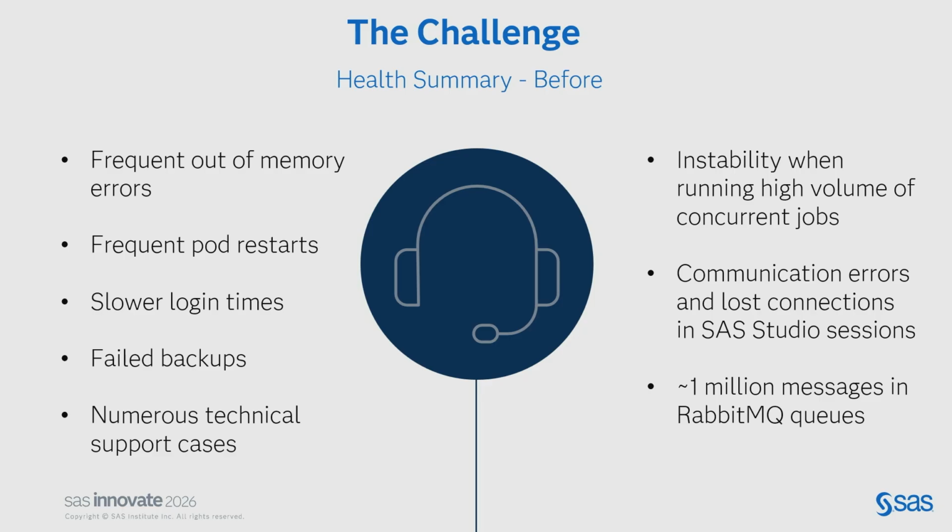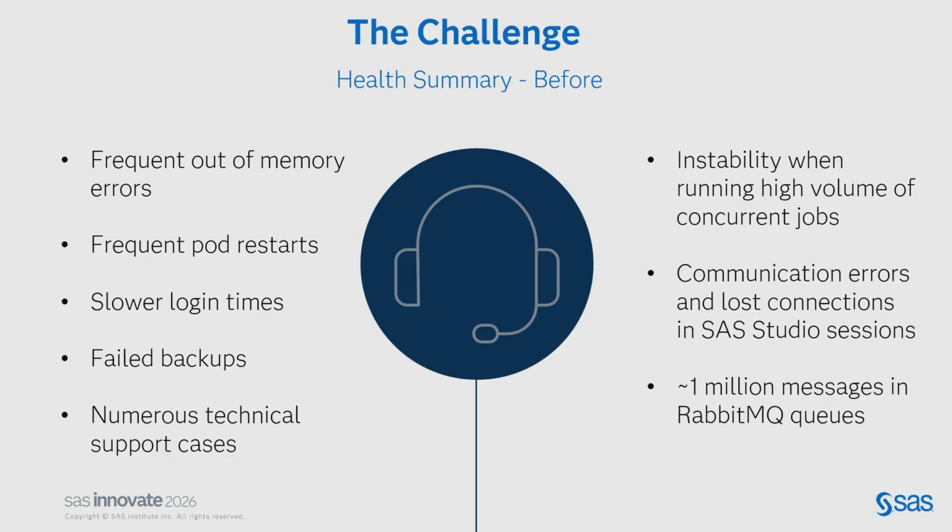When our administrators checked OpenSearch, we found a lot of errors in the log. A lot of them were related to system timeouts and user performance, and we saw tons of messages in RabbitMQ, which is the internal message system.